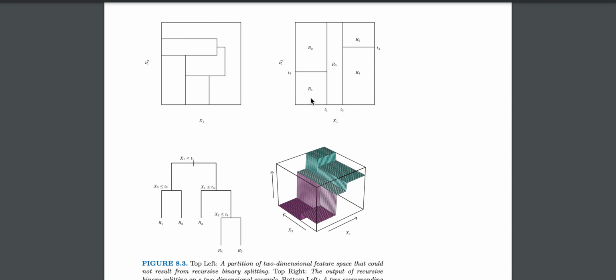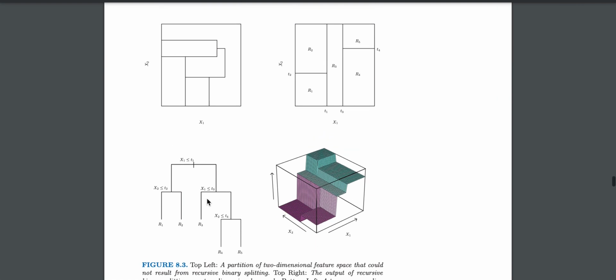Okay, and this partitioning corresponds to this tree. X1 less than T1 is here, and then depending on what X2 is, we have these 2 regions. X1 greater than T1, it's this, and if it's less than T3, we are in region 3. If it's greater than it, then we have the 2 regions split, R4 and R5.